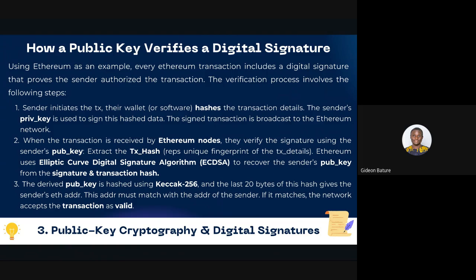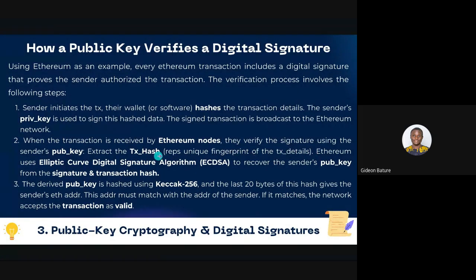They help in verifying transactions in the Ethereum ecosystem, and other blockchains also have their own nodes. Now they use the sender's public key to verify the signature. How do they do that? These are the processes involved. First, they extract the transaction hash.